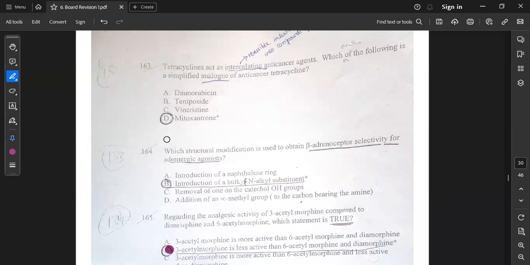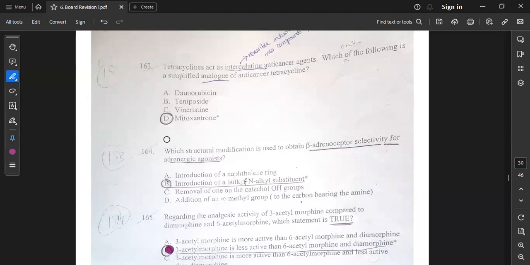So you can check out the structure of formoterol and salmeterol to appreciate the terminal nitrogen substitution. So yes, definitely the introduction of a bulky alkyl substituent. The terminal nitrogen will be given an alkyl substituent that will improve selectivity.